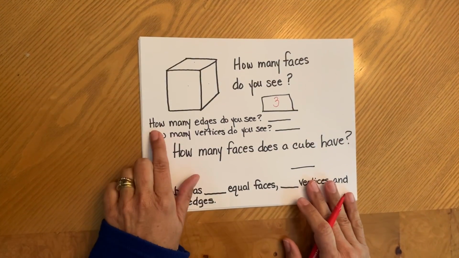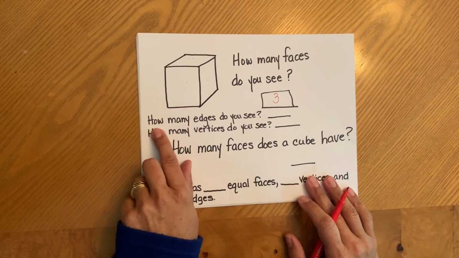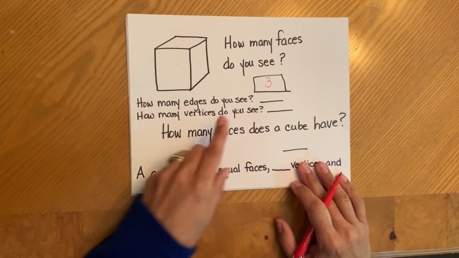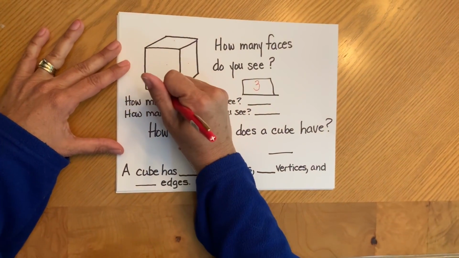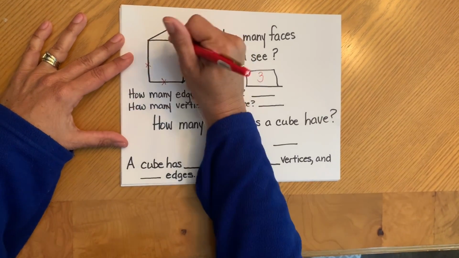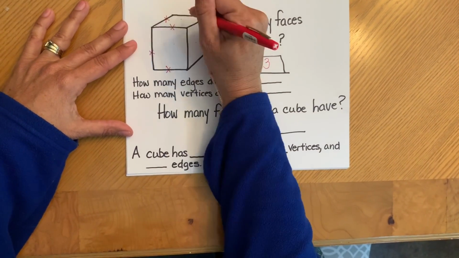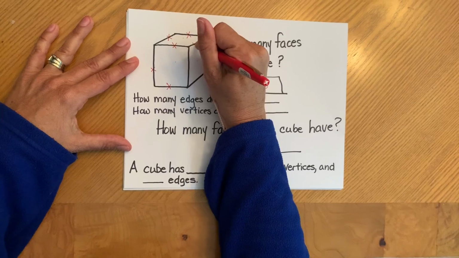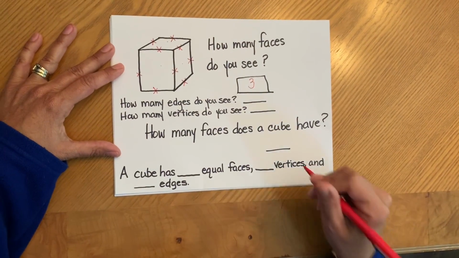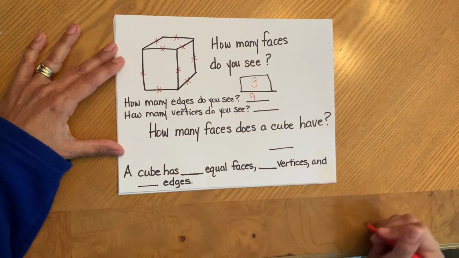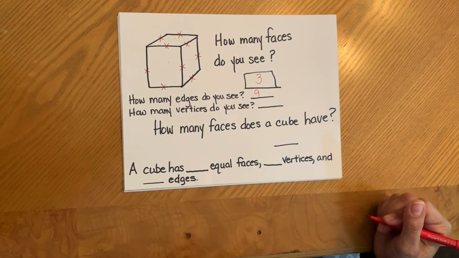As far as the edges, it's going to ask how many edges do you see? The way we mark our edges is by putting X's on them. So 1, 2, 3, 4, 5, 6, 7, 8, 9. There are 9 edges on this cube.